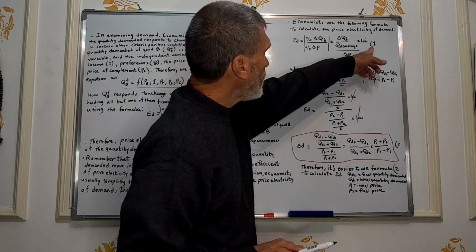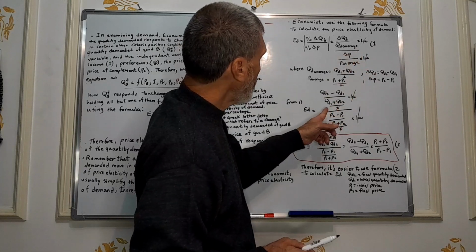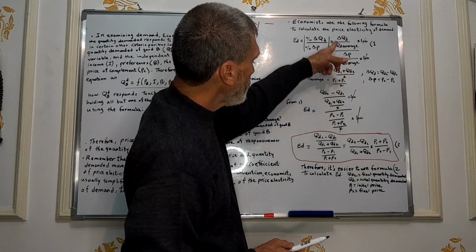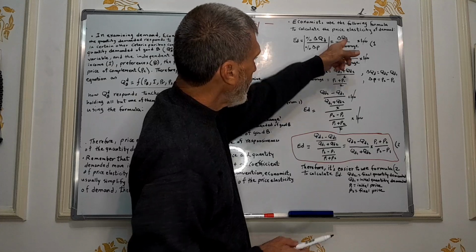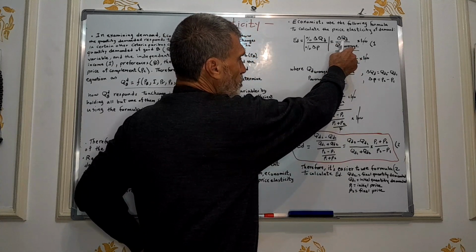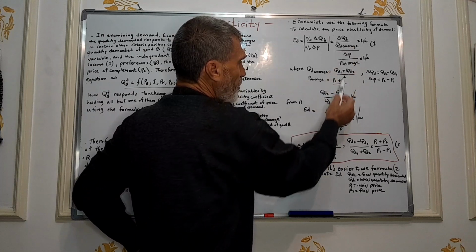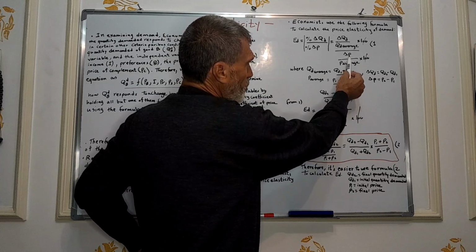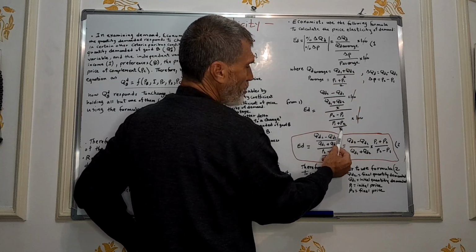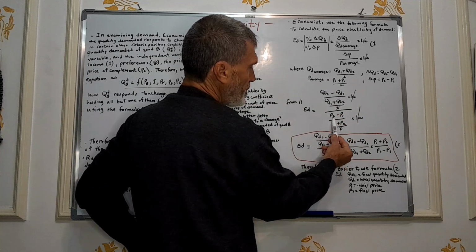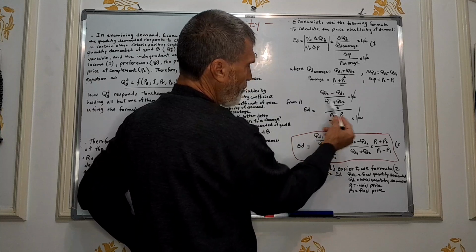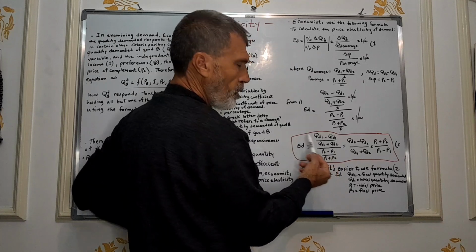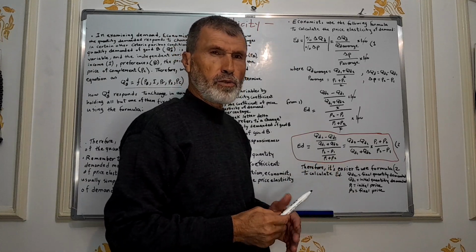When we do the simplification, we come up with this one here. When we plug in, delta QD is QD2 minus QD1 over the QD average, over delta P, which is P2 minus P1 over P1 plus P2 over 2. We cancel out the 2 here, cancel out the 100, and after simplification, this division of two ratios converts to multiplication.